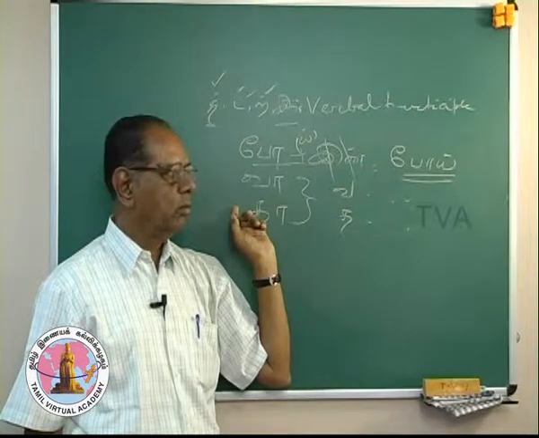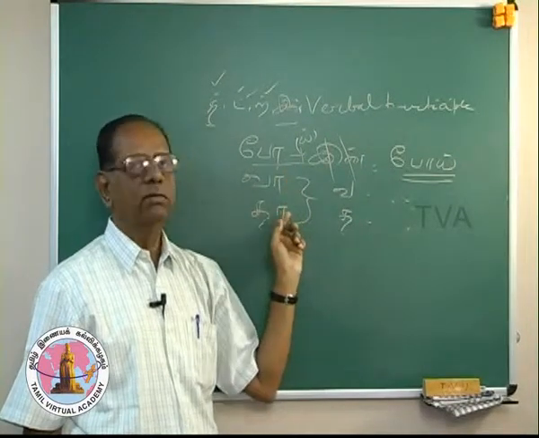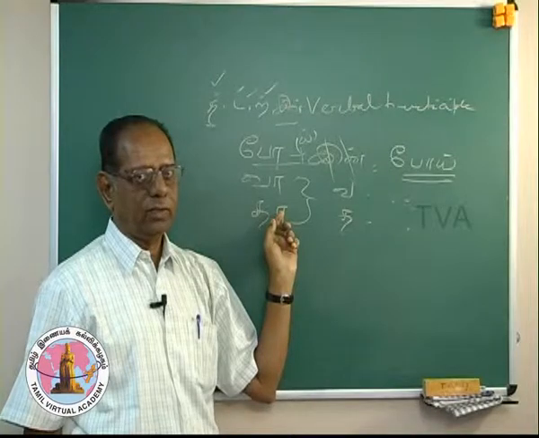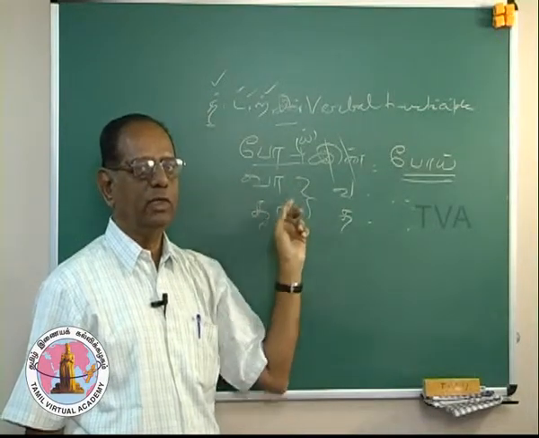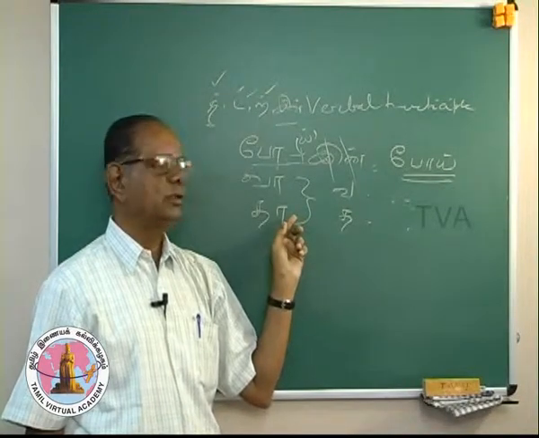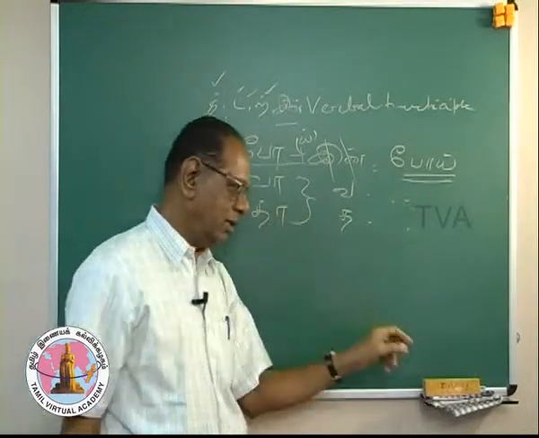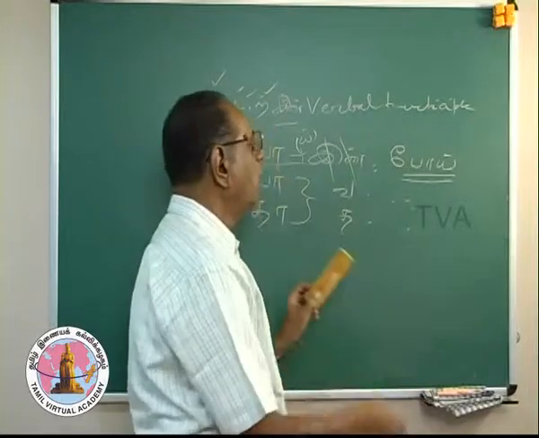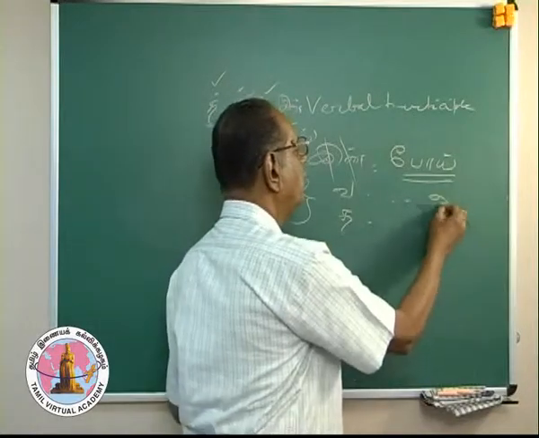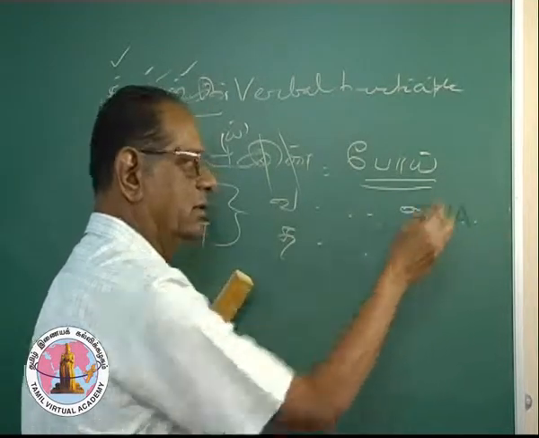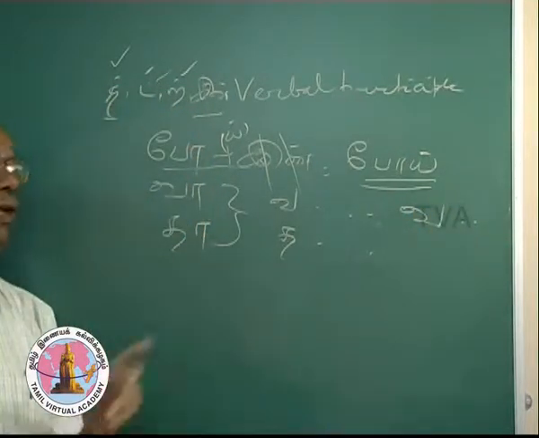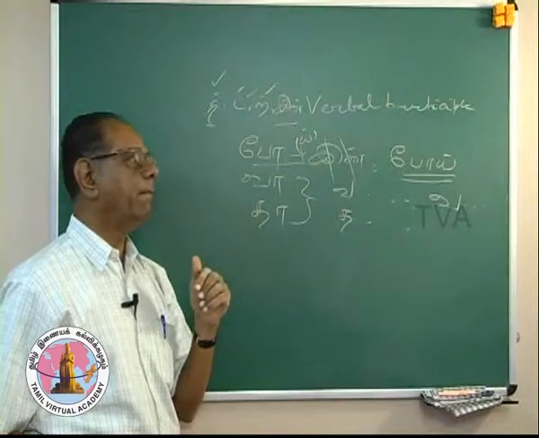So these three words, they are single lettered, so naturally they should be treated with a special care. Poi va, poi varugireen, or poi vandeen, whatever it is, you have the verbal participle form.